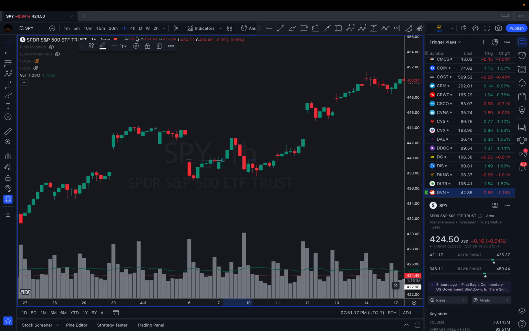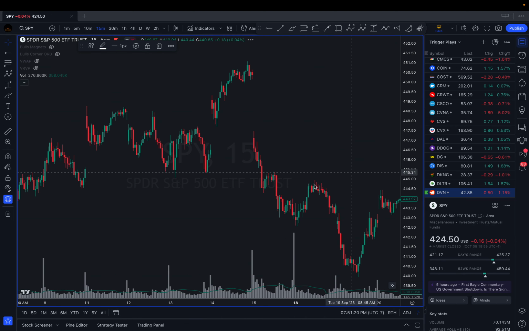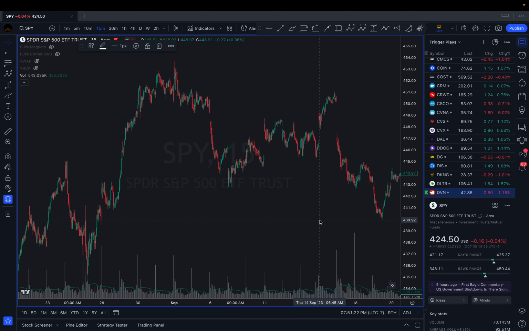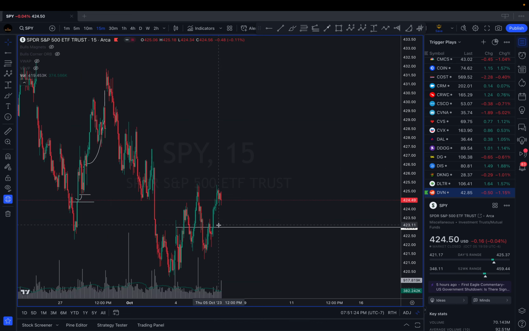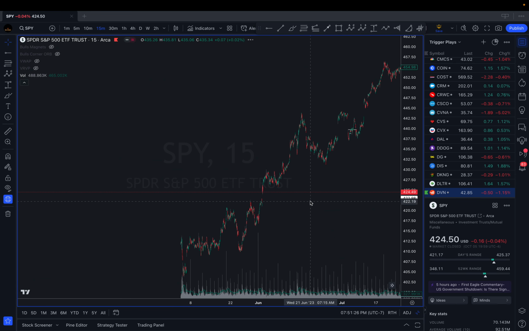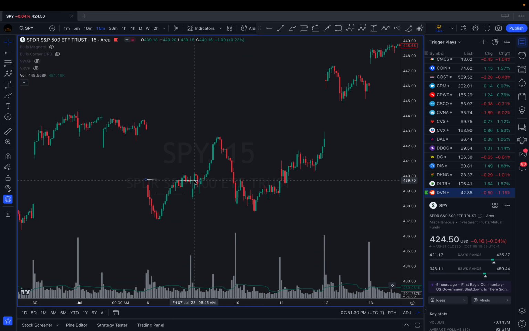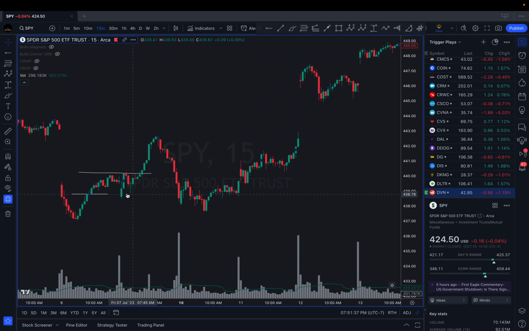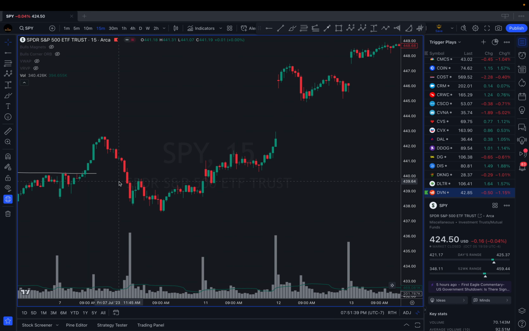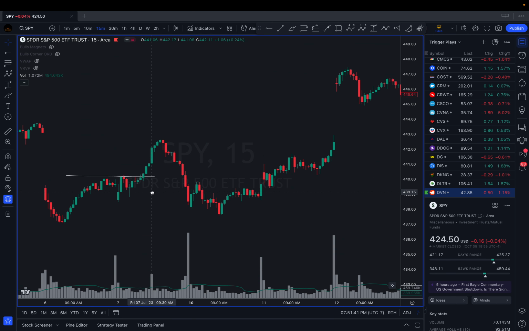So let's go into a smaller time frame to find where it went. Right here. It was here, but again, as I told you, you can adjust your levels accordingly, a point here and there, just to have a good risk level to trade with.